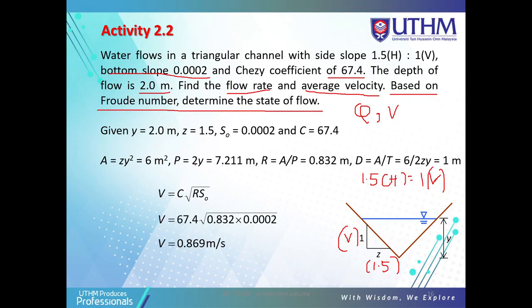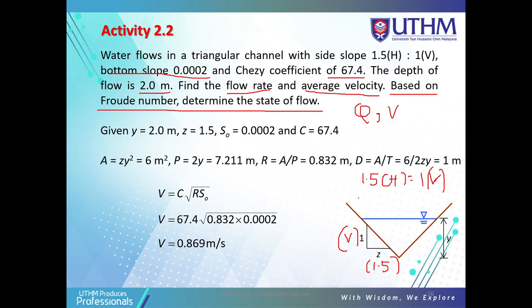Then for the wetted perimeter, P is equal to 2 Y times the square root of 1 plus Z squared, so you get 7.211 meter. Okay, so R is A over P, you get 0.832.